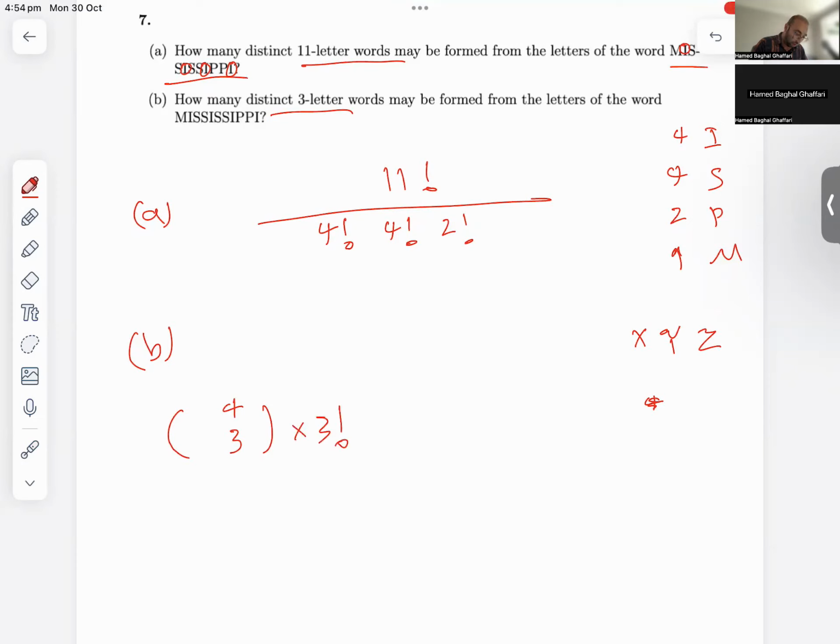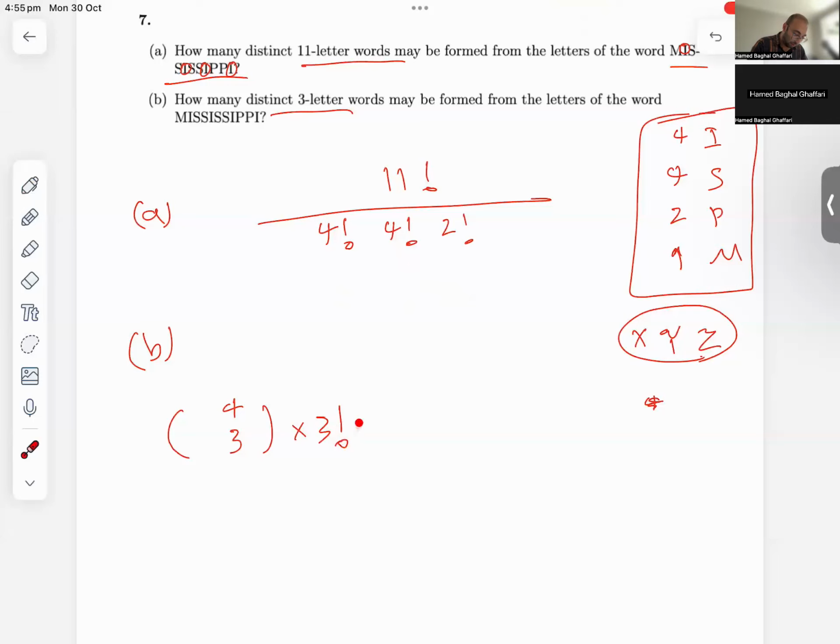This is for the scenario where we've got X, Y, Z. I have 4 types here, and I can choose 3 of them, which is 4 choose 3. And these X, Y, Z can be ordered in 3 factorial ways.